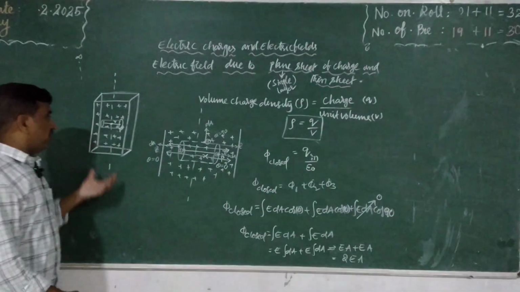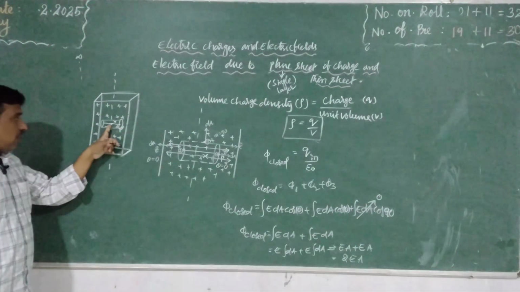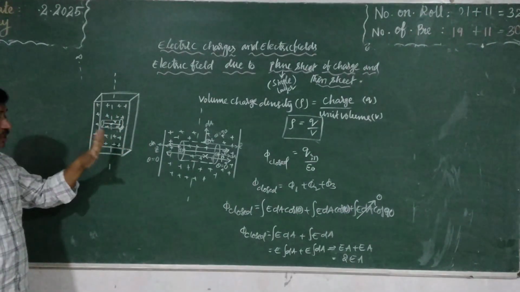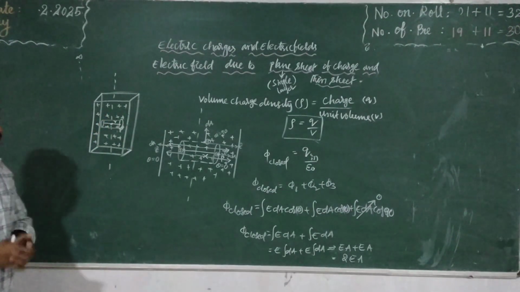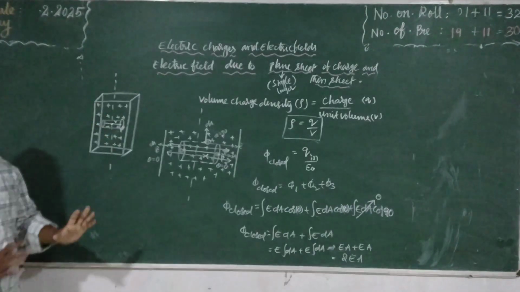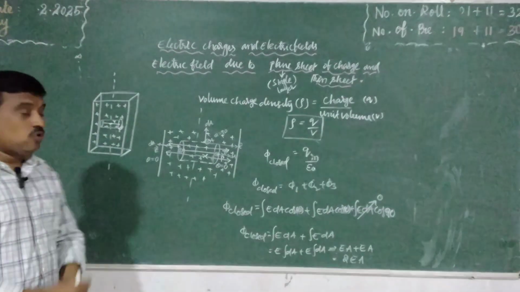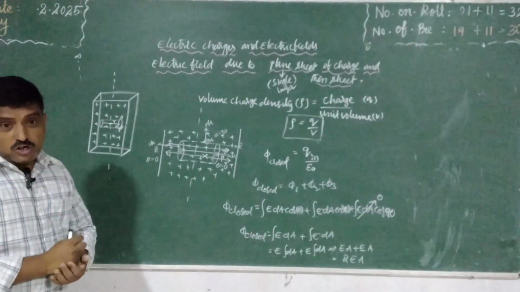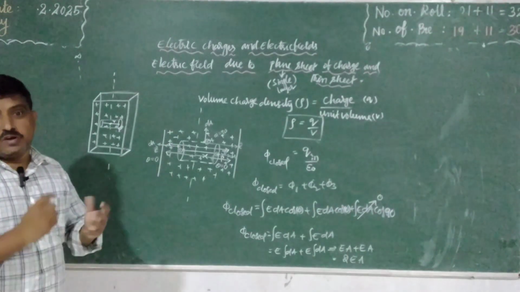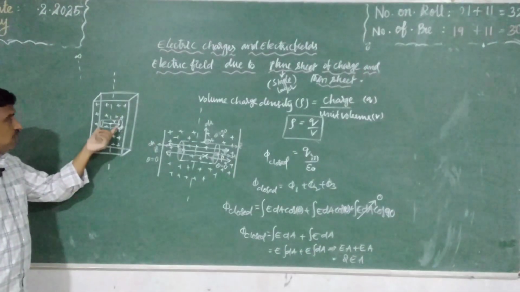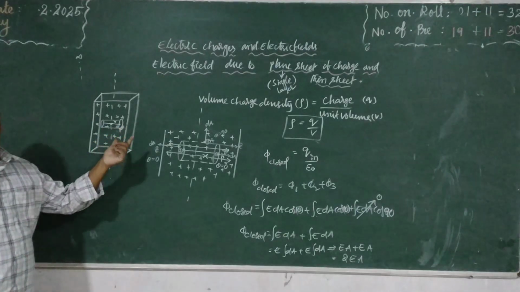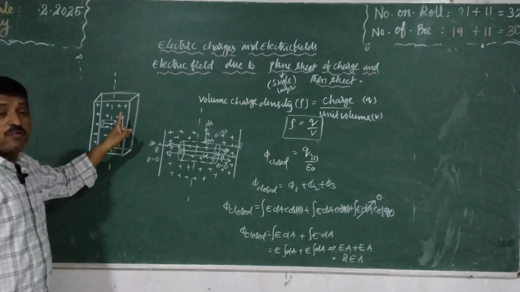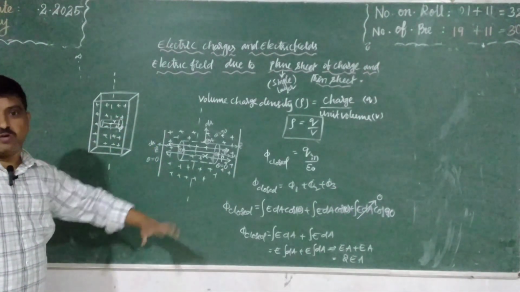For the point P at distance r from the axis, we select the Gaussian surface; a cylinder is the Gaussian surface for this thin sheet. The Gaussian surface should be symmetric about the charge distribution, and the electric field at every point on the Gaussian surface should be equal, constant.